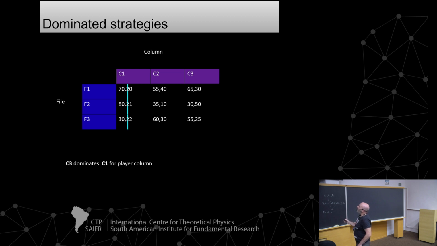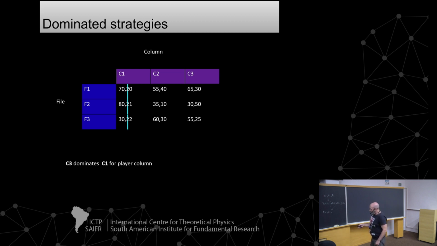Because 40 and 30 are bigger than 20. 30 is bigger than 20, 50 is bigger than 21, and 25 is bigger than 22, okay? So the strategy C1 is dominated by strategy C3, so the strategy C1 will never be chosen by any player.